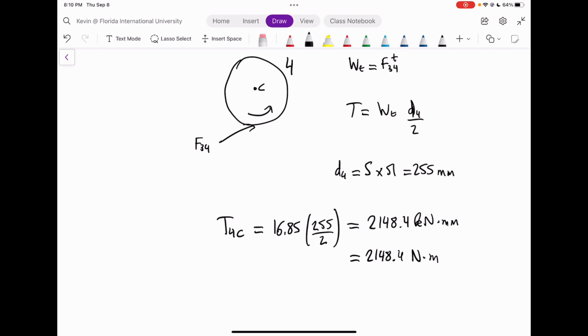So that means that our direction of the torque of the gear is actually in this direction. Okay, so it's counterclockwise. Now, if we were asking to look at torque of C onto 4, C is essentially creating a reactionary torque to this force, so it's the opposite. So we have TC4 would be in the clockwise direction.